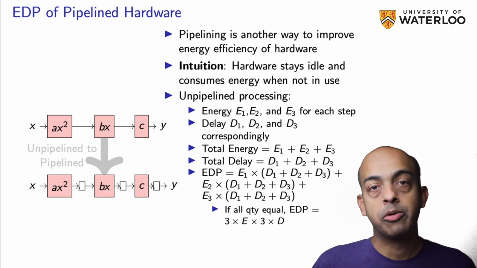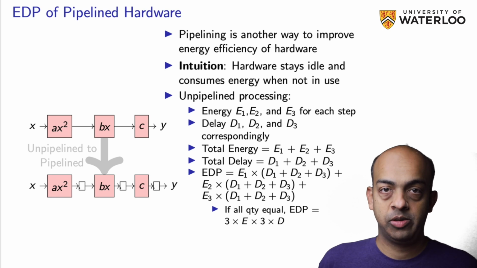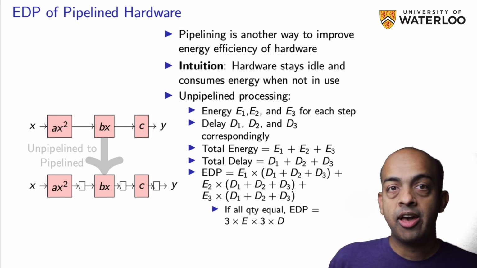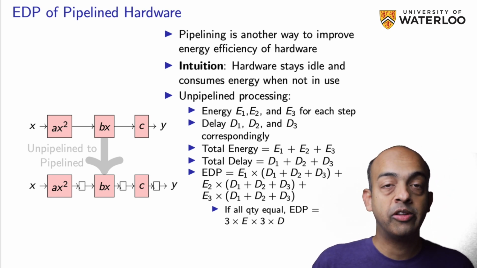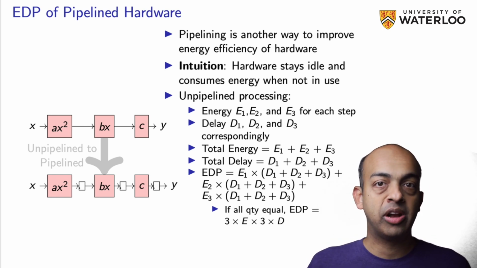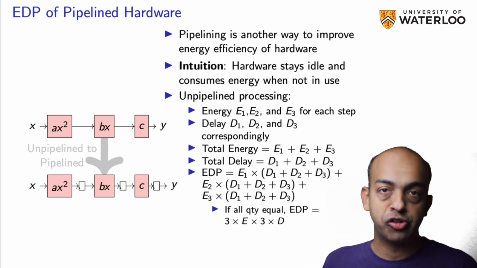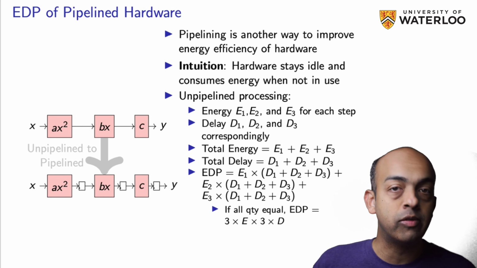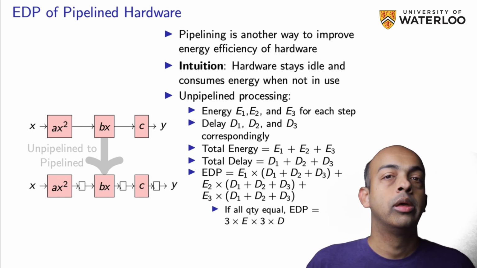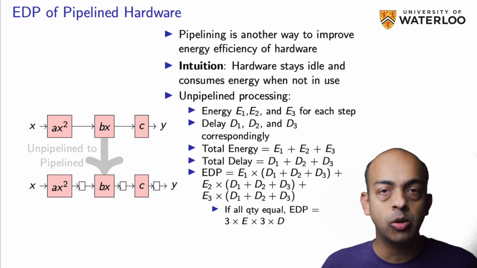So my energy delay product is going to be sort of defined by the E and D terms, right? So I'm going to have energy E1 spent by the first stage being used for D1 plus D2 plus D3 amount of time, right? So it's staying on for the entire duration of computation, even though it only needed D1 units of time to work. Same for E2, same for E3, and let's for simplicity assume that all E's and D's are equal.